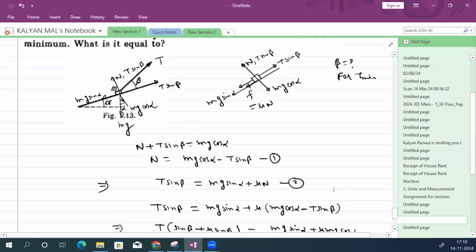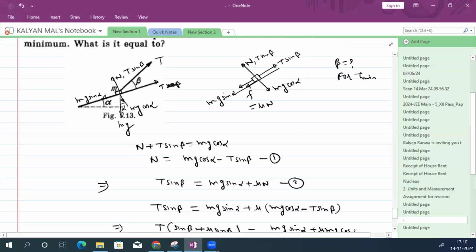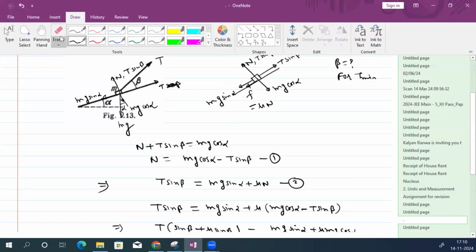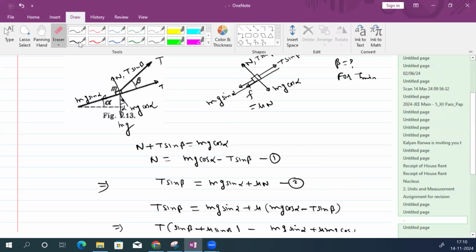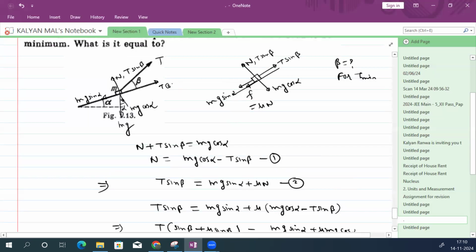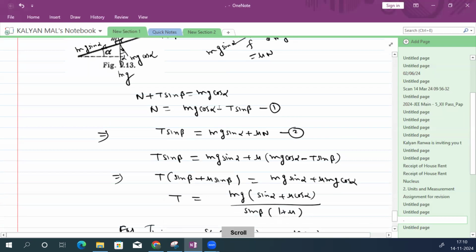There I made some mistakes because the component will be the cos here. So put the component cos: T cos beta. Every place we will put the value of T cos beta. So first of all, use the second equation, T cos beta.